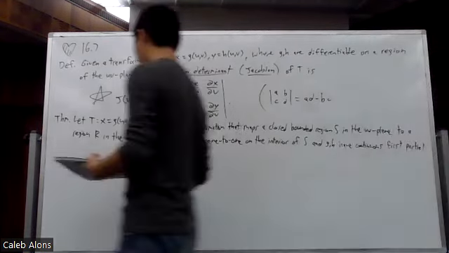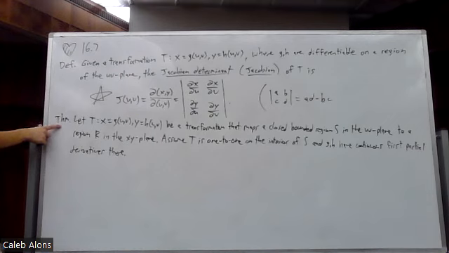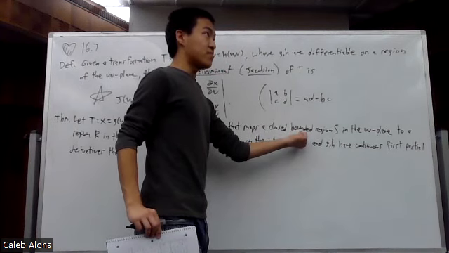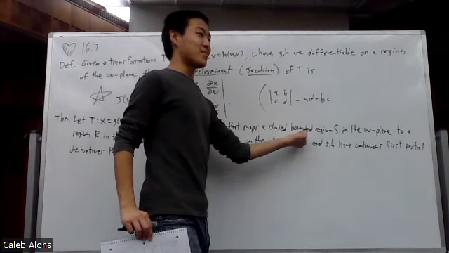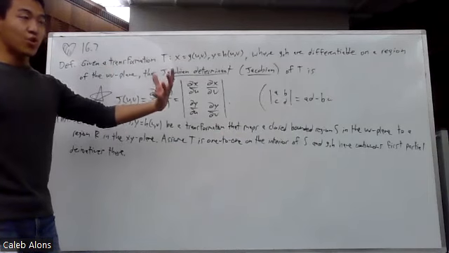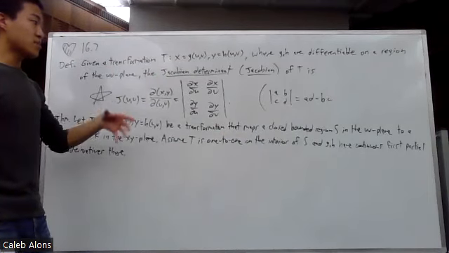Just a word of why on earth theorems often have these massive annoying chunks of English before the math part. It's because it's important. I didn't realize until this semester why all of these things matter. But things like being closed and bounded in a certain plane. These are topological ideas that you can come to seminar if you want, Tuesday at noon, to learn all about. But the idea is this stuff we can't take for granted. So things that we intuit about these regions are not necessarily obvious.